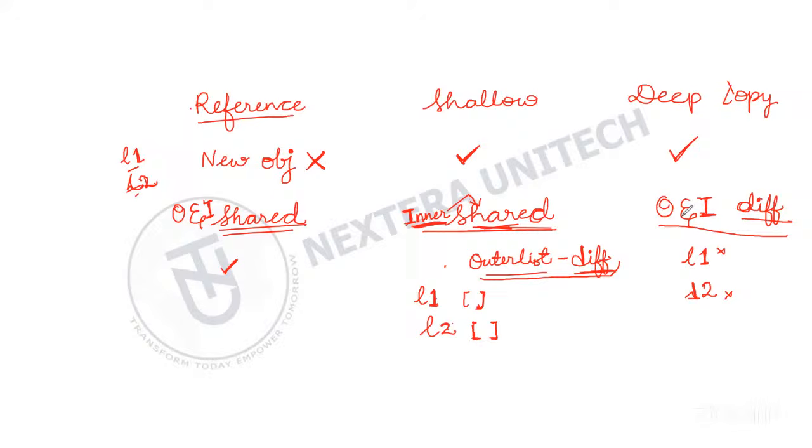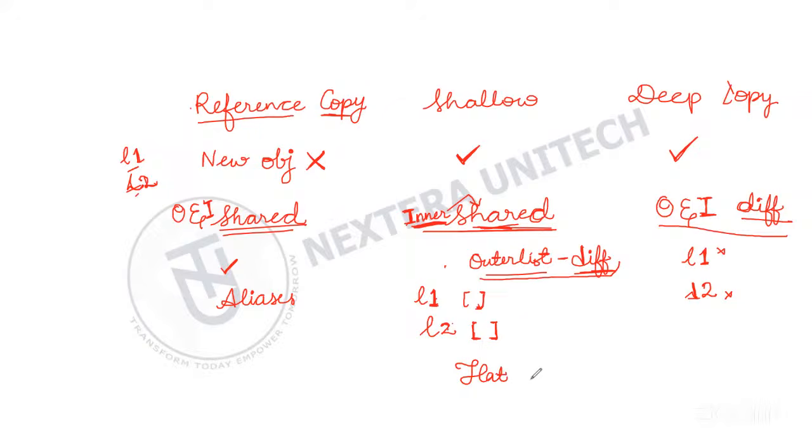So when to use what? You can use the reference copy or the assignment operator when you want to have aliases. If you want flat lists, you can use shallow copy.